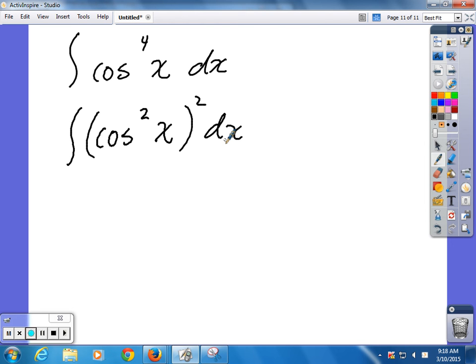Now you can rewrite the cosine as 1 plus cosine of 2x over 2.